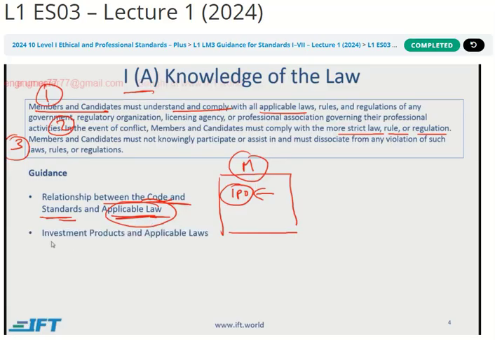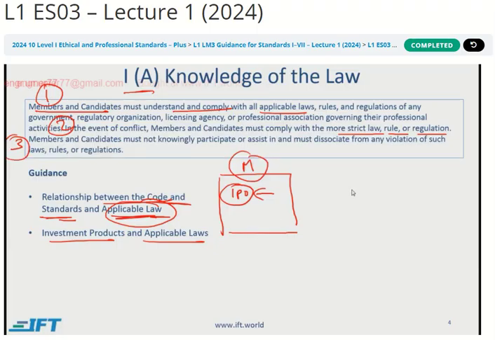The next point has to do with investment products and applicable laws. Here, if you have the curriculum in front of you, I would refer you to Exhibit 1, which presents several scenarios. You might be a US citizen working in a different country, and let's say that you are selling your investment services and investment products in that particular region.